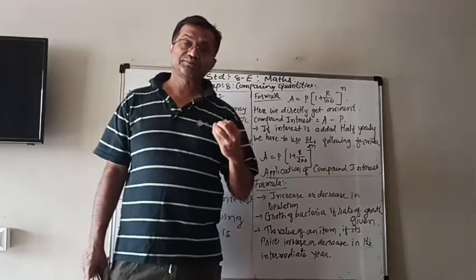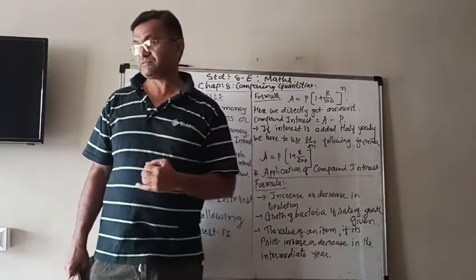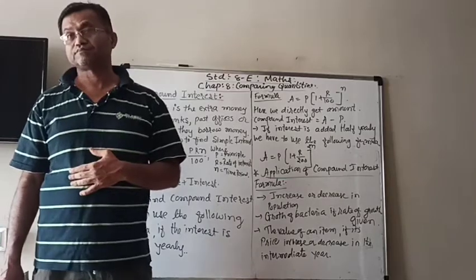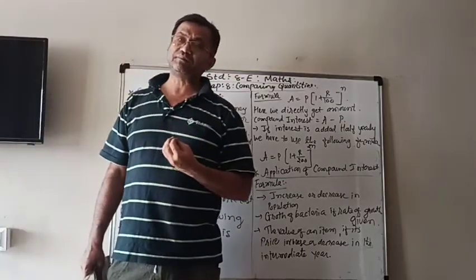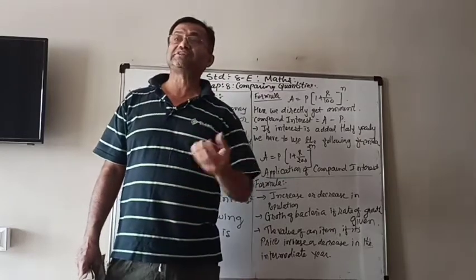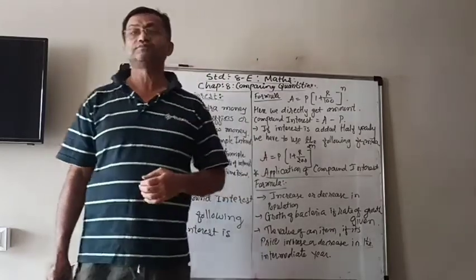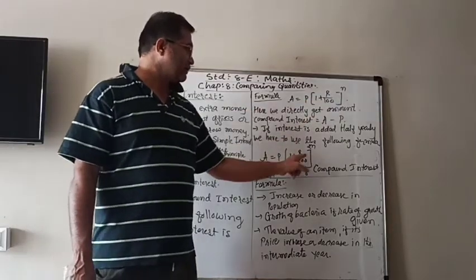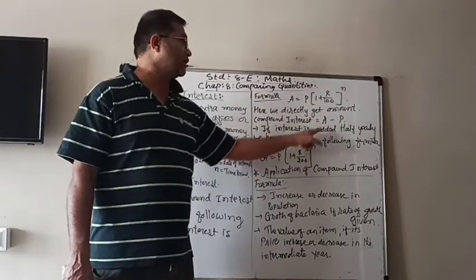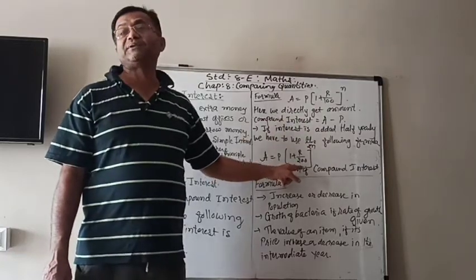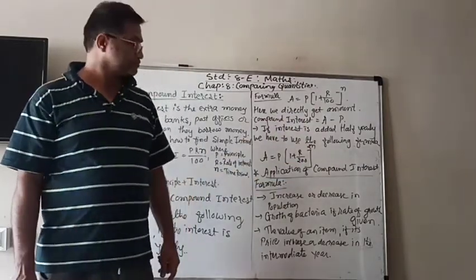Now if the compound interest is counted half yearly, then what will happen? The rate of interest will be considered as R divided by 2. Therefore, in place of R we have to write R upon 200, not 100, because R will be replaced by R by 2.